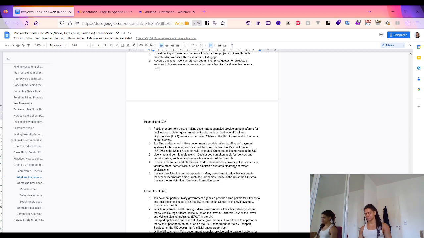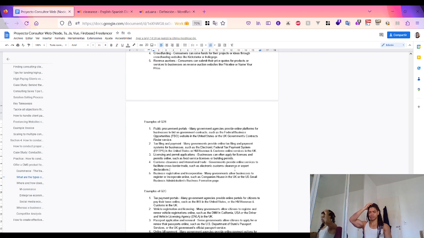In Spanish, this is aduana de dispositivos electrónicos, or export declaration. Electronic customs clearance or export declarations.